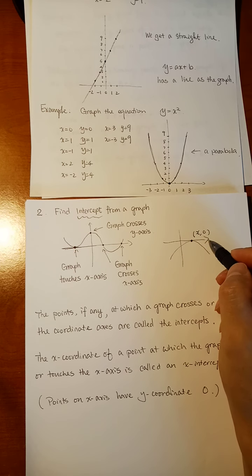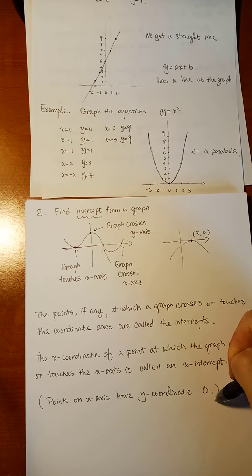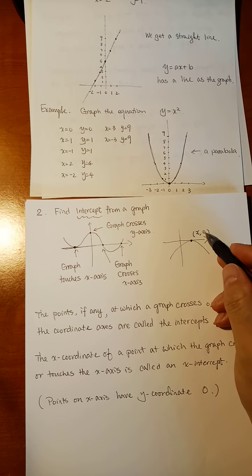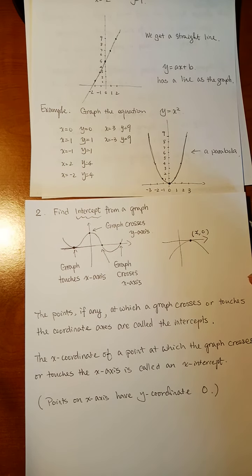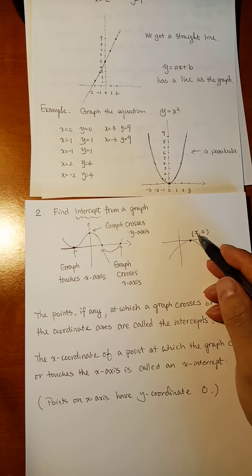Every point on the x-axis always has y coordinate 0, so you don't worry about the y coordinate. Y coordinate is known. So the important information about this point from the x-axis is the x coordinate.